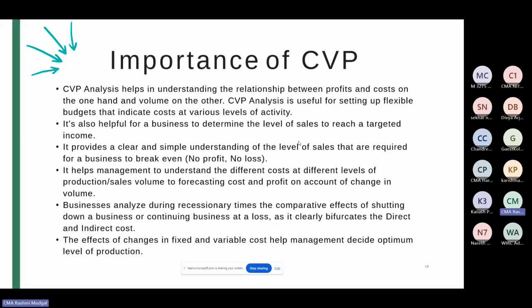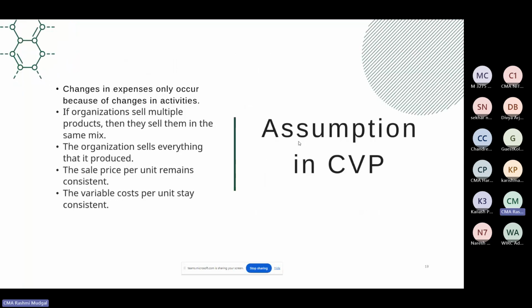But there are small things which we need to think about, that what are the assumptions we are taking into the CVP. So firstly, we are taking the assumption that changes in expense only occur because of the change in activities.